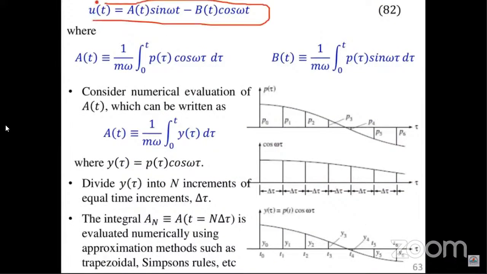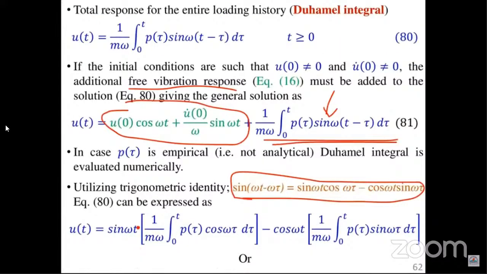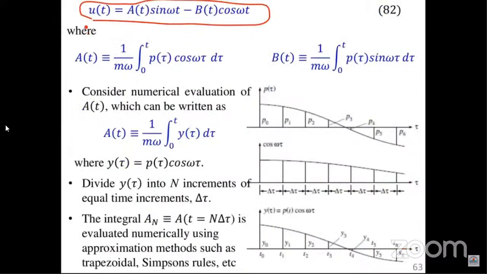Here becomes equation 82, where the whole of this part we can call A, and in the note that I have given you it is A bar, and this part here, the integral, is B. Such that our simplified Duhamel's integral becomes very simple, and it looks similar to the equation that you have been handling, where A is this part and B is that. So our work here now is to evaluate what is A and what is B, so that we can solve the response of our forced vibration with arbitrary loading function.